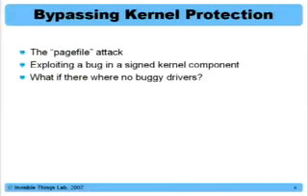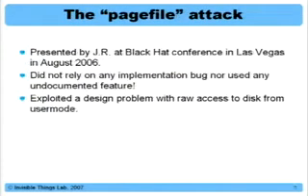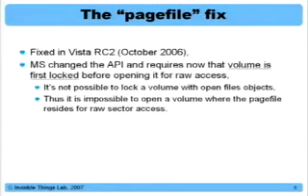Last year here in Vegas, I presented the pagefall attack, which relied on a design problem in Windows that allowed a user mode process to load unsigned code into Vista. That was fixed a couple of months later in Vista RC2, by Microsoft changing the API used for accessing raw sectors a little.